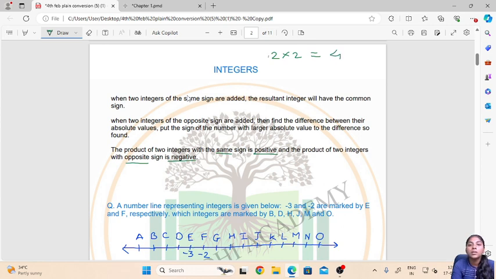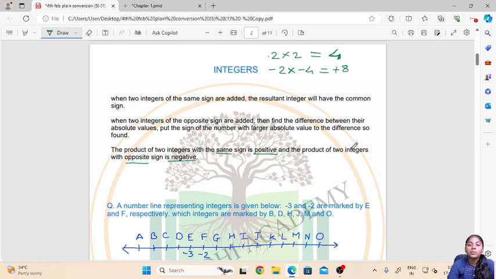Both the integers are positive, so the sign of the answer is also positive. Then again -2 into -4. We multiply this first, and the minus signs get cancelled, and here also we will get a positive answer.